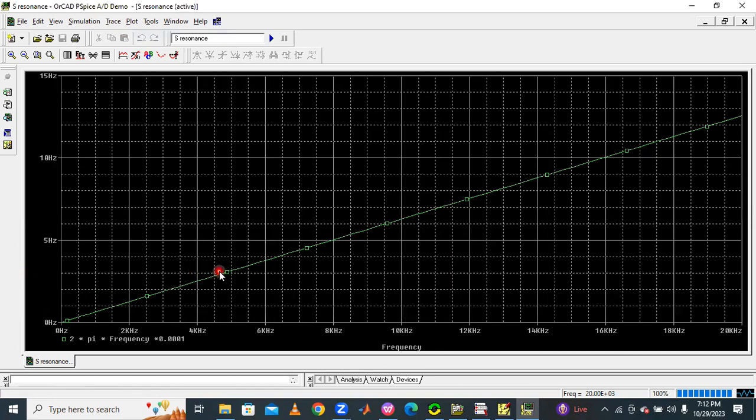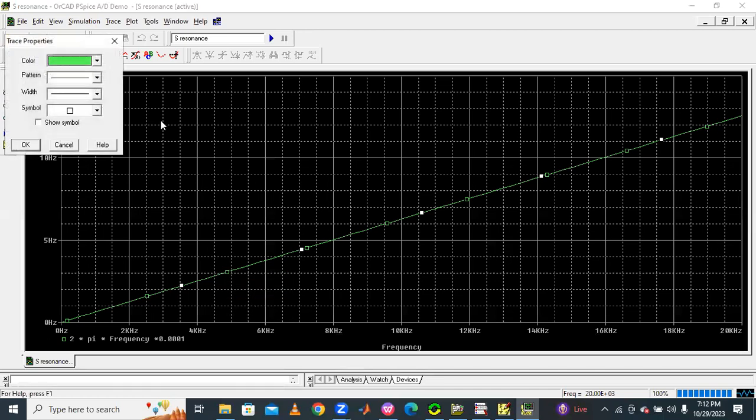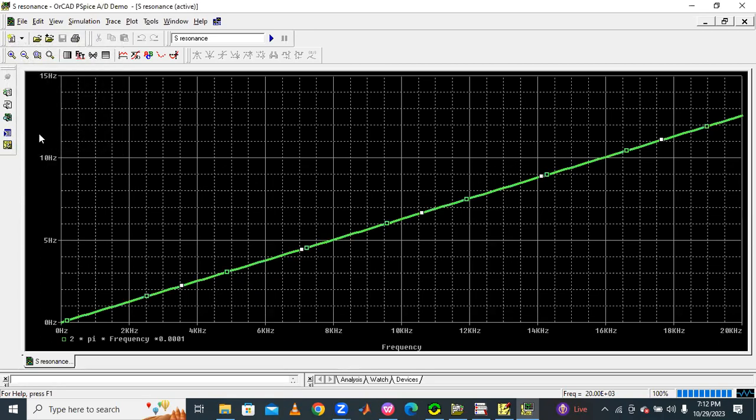So like this, a straight line passing through the origin.